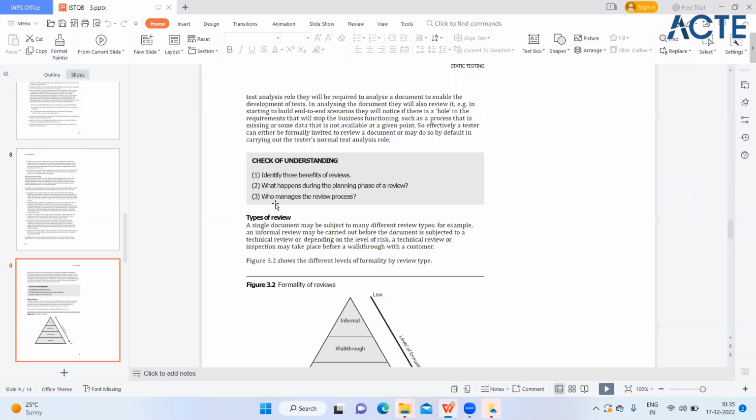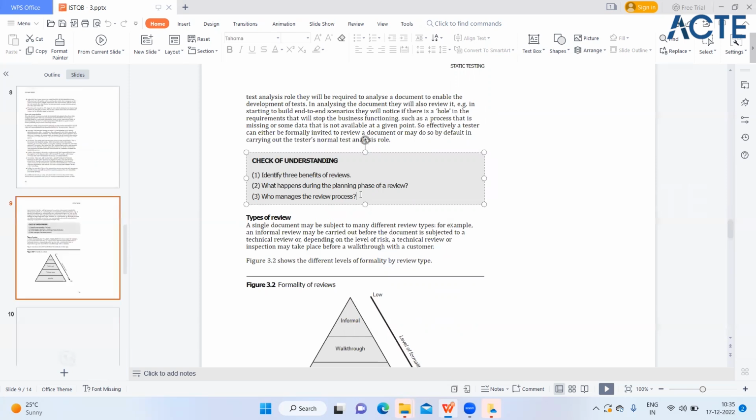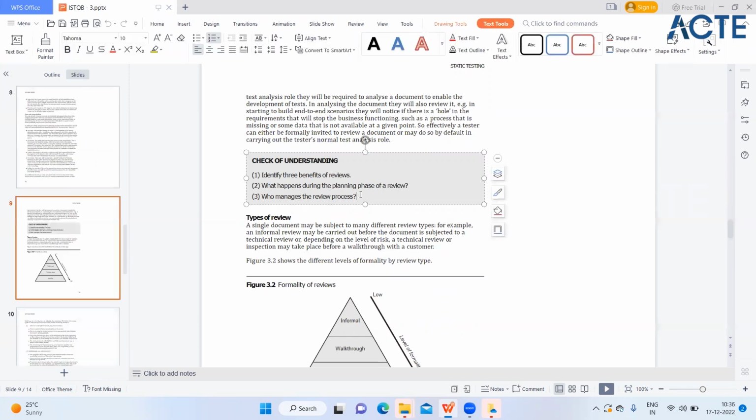And after that, who manages the review process? This is very important. You have to provide the answer by checking the question and the options carefully. Who manages the review process? Mainly the answer will be the author, definitely. You will get this kind of question.